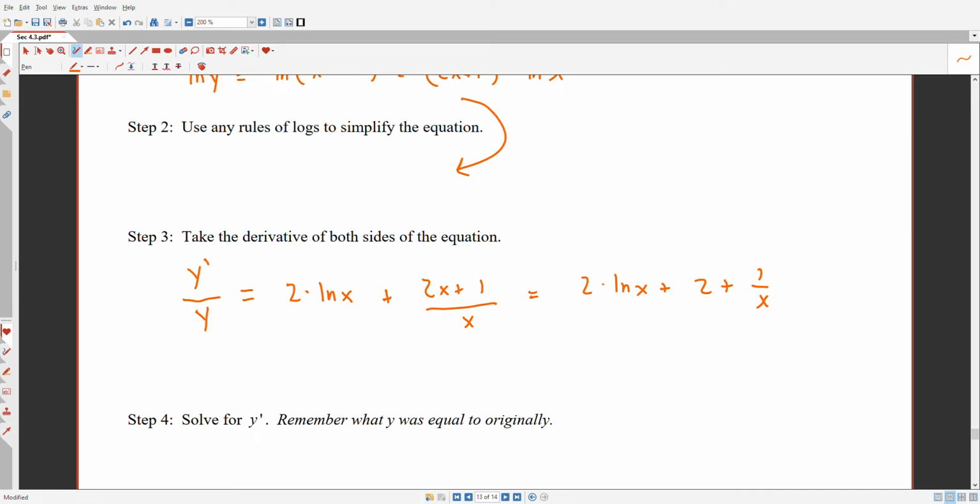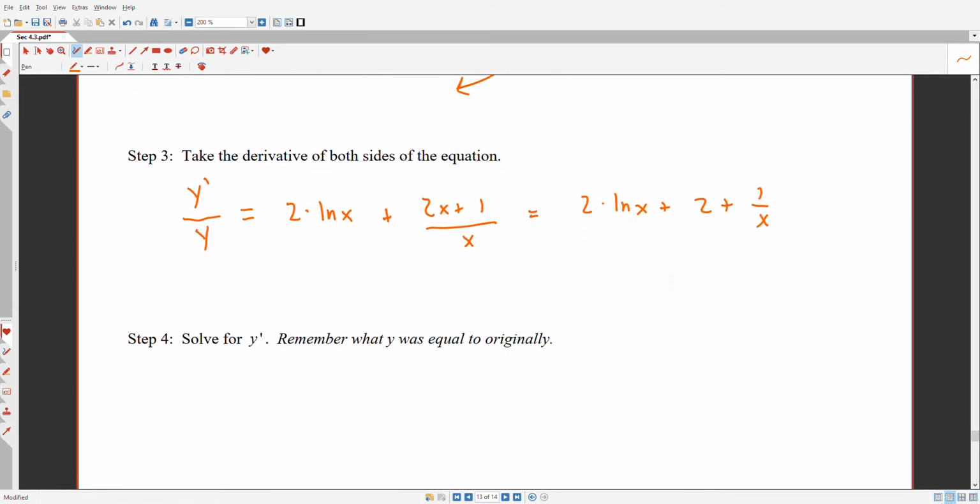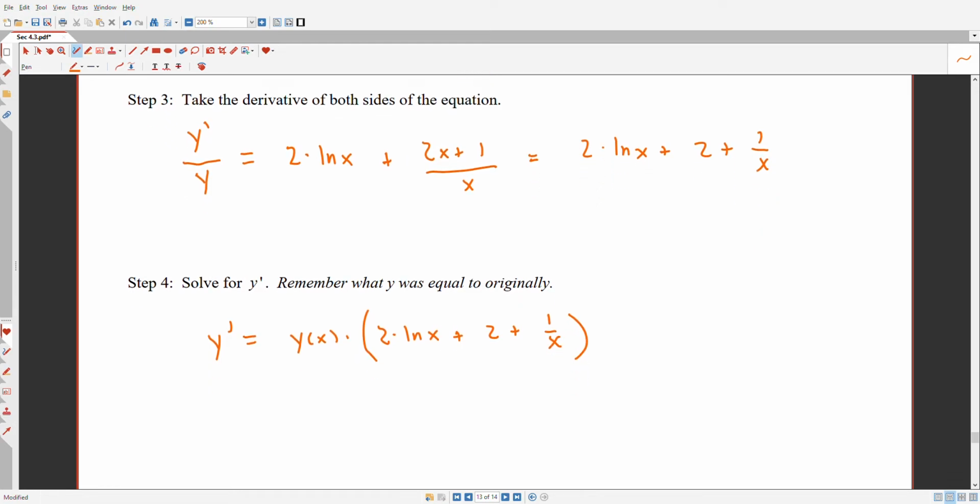I don't really know which way is especially better. Okay, but then we just have to solve for y prime. So y prime will equal y of x times this gigantic formula, which I'll write as 2 natural log x plus 2 plus 1 over x. And y of x, I have to remember what that was. That was x to the 2x plus 1.